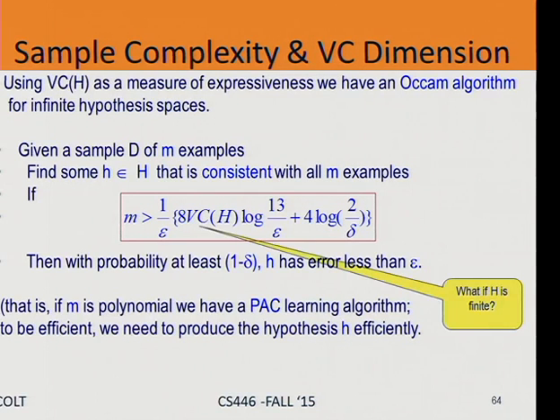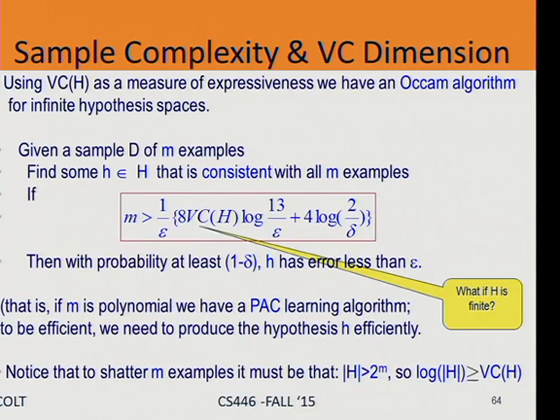So this gives me one direction of the relation between VC dimension and the finite case. If I can shatter M examples, I know that the size of H is at least 2 to the M. You're convinced?